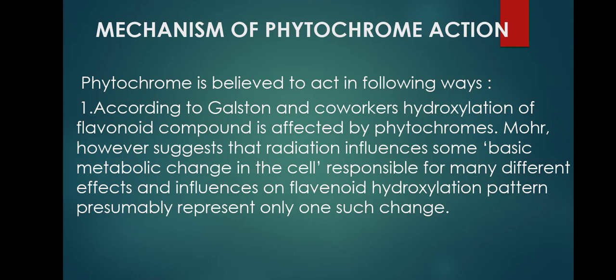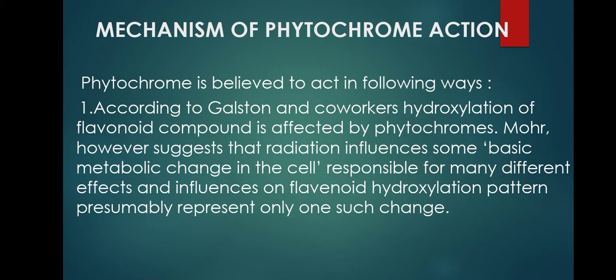You will completely understand how phytochromes work. Phytochrome is believed to act in the following ways. Number one, according to Goldstone and co-workers, hydroxylation of flavonoid compounds is affected by phytochromes.